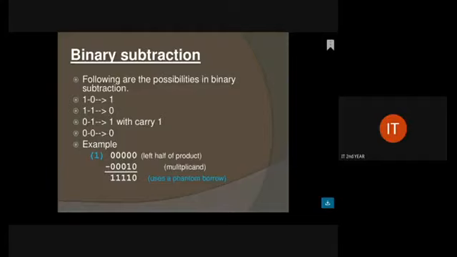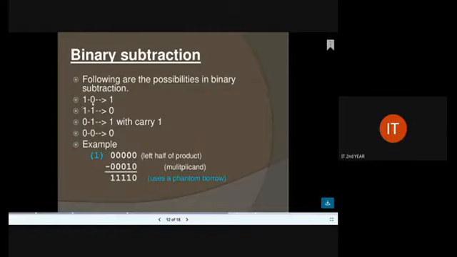Now, during subtraction of binary values, we have 1 minus 0 is 1, 1 minus 1 is 0, and 0 minus 1 is 1 with a carry. Those carry bits we will just omit. 0 minus 0 is 0.